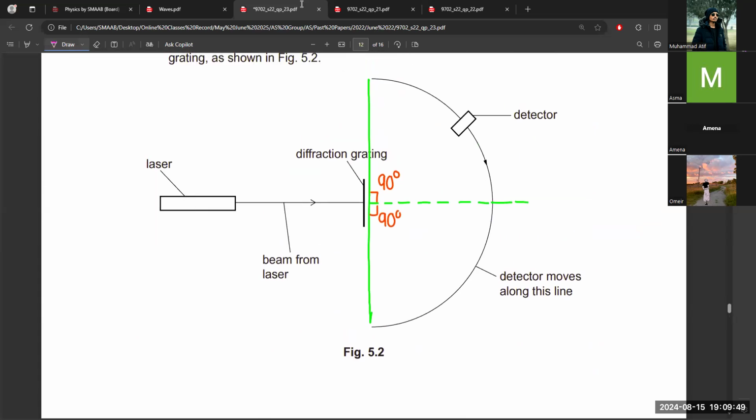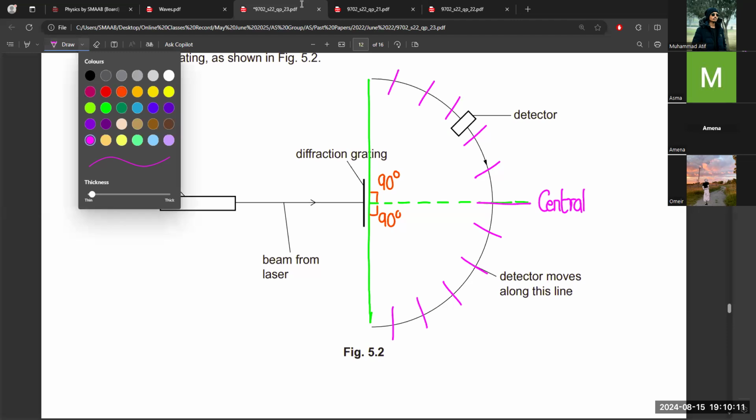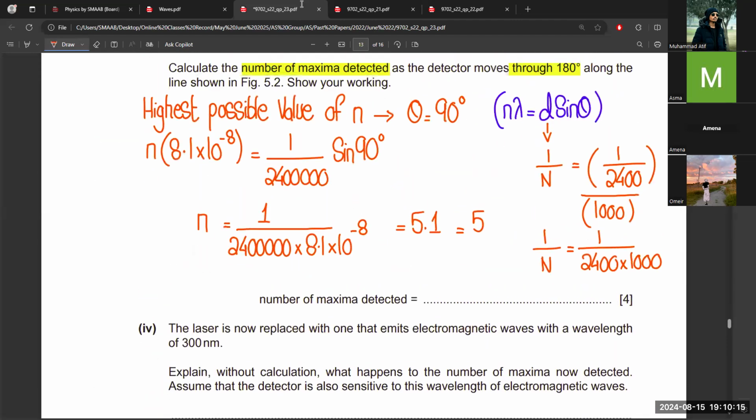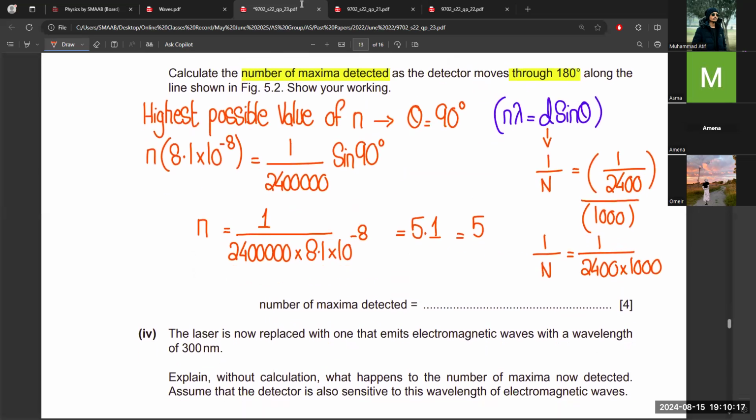So let's suppose we are getting 1, 2, 3, 4, 5 on one side, and on the other side 1, 2, 3, 4, 5. And there is also a central one. So how many fringes are there in total? 5, 5, 1, that is 11. Because we only calculate with the help of 90 degrees, on one side we only calculate a half semicircle.